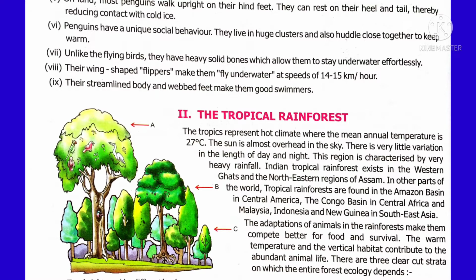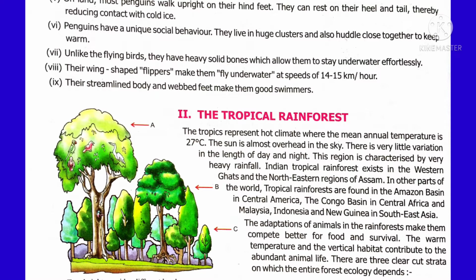In the tropical area, the sun is almost overhead in the sky. There is very little variation in the length of day and night. This region experiences heavy rainfall. Such tropical rainforests can be found in the Western Ghats and the northeastern region of Assam.